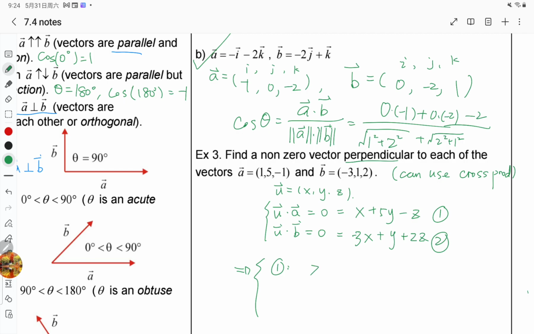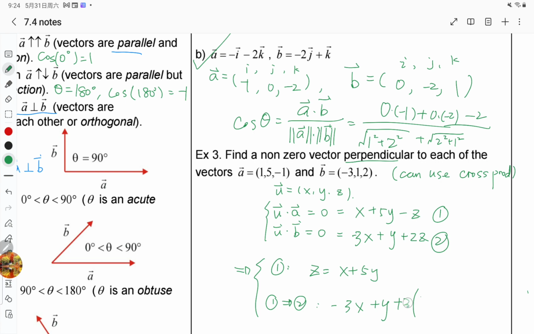Using the first one, you can get z is equal to x plus 5y, right? And then from 1 to 2, you just simplify these relations, right? And then 2 is -3x plus y plus 2z.